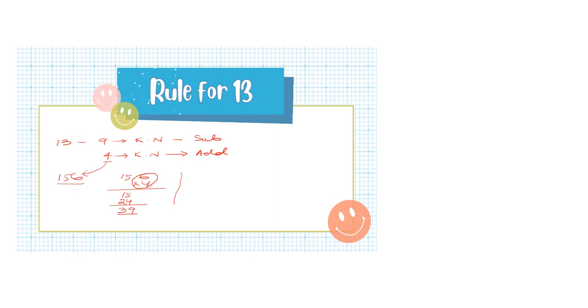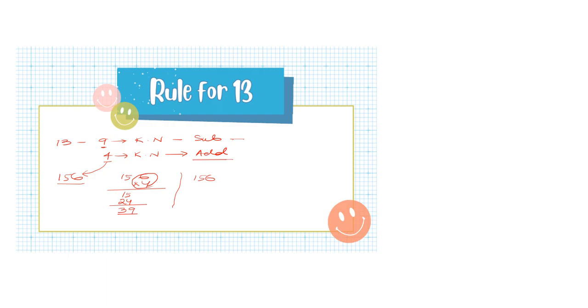156. Now let's try with 9. Here I have a hidden 1, and here I have to subtract. Whenever 1 is the hidden one, then I have to subtract. Whenever I am hiding 9, I have to add it. Okay, now 156, what you are going to do?